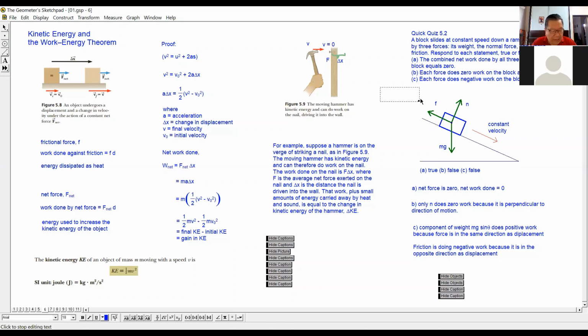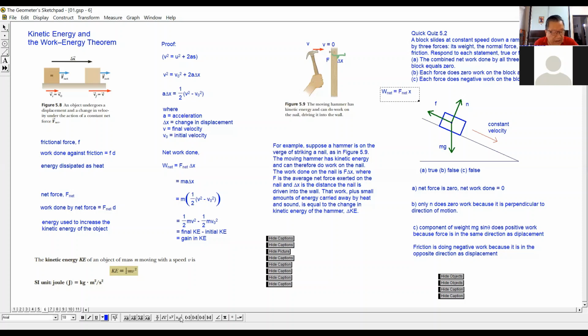The net work comes from the net force, multiplied by the distance, delta x.